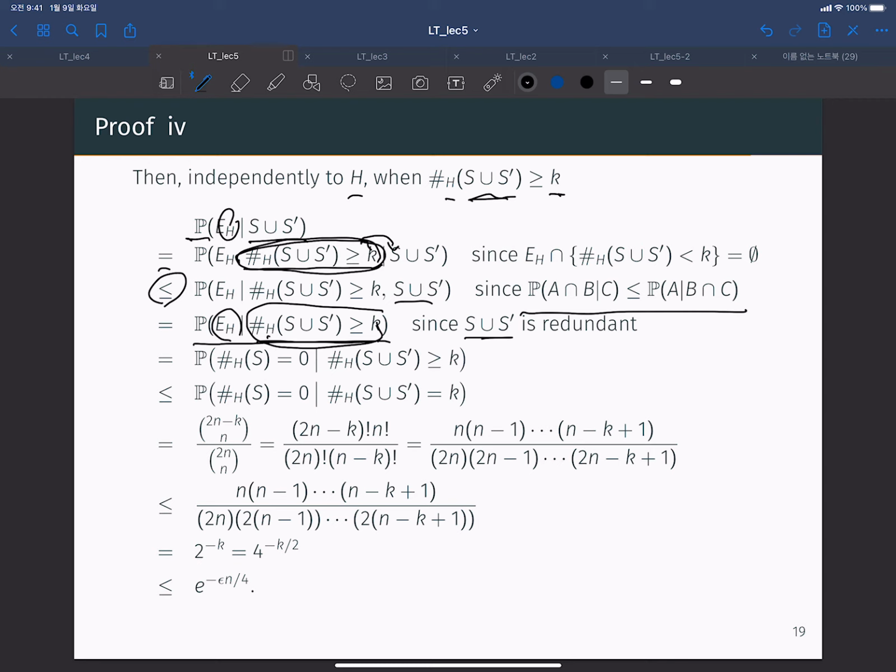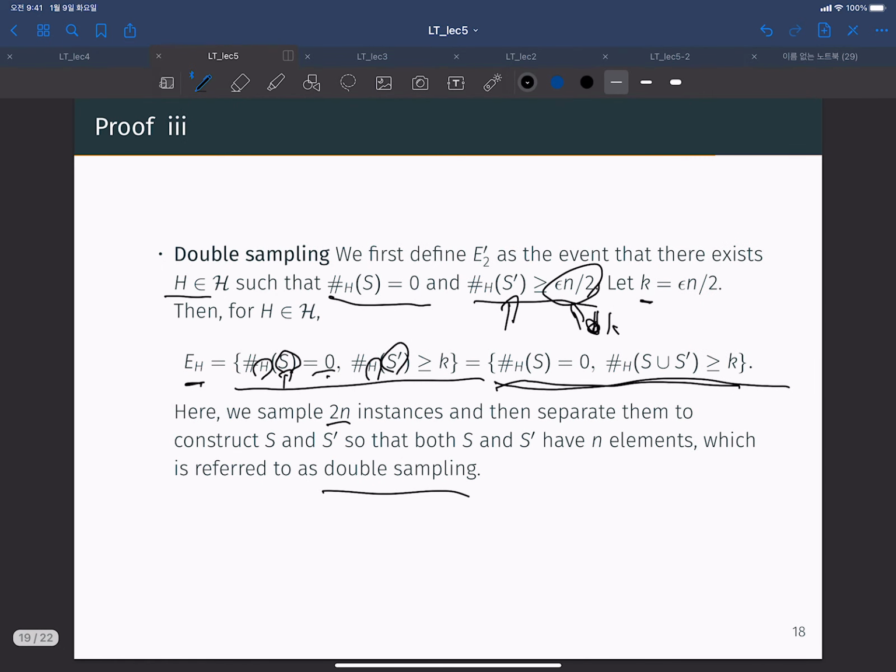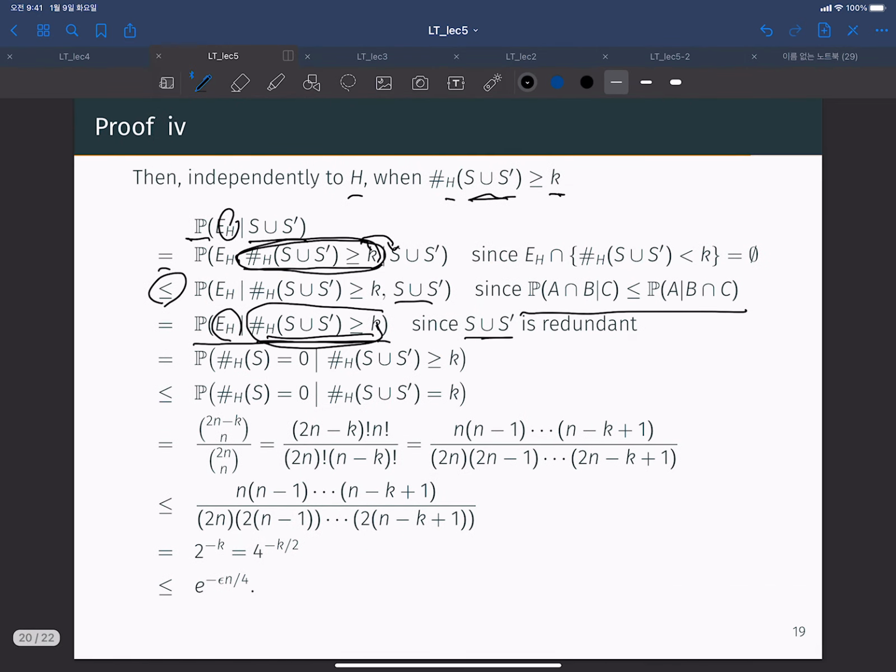And since this is given to us from the EH condition, we can remove one of the conditions, this one. So now we have this, and we can restrict the condition further: from greater than or equal to k, just make it equal to k. Then we have this inequality sign.